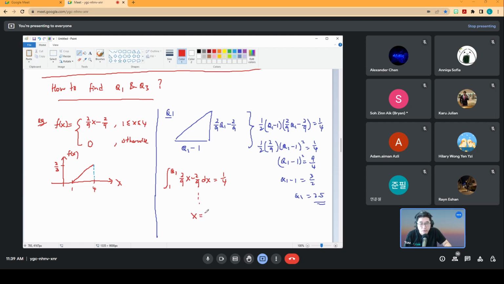Of course, you will get x equals 2.5. Now try to find Q3. Guys, you can take your turn to find Q3.